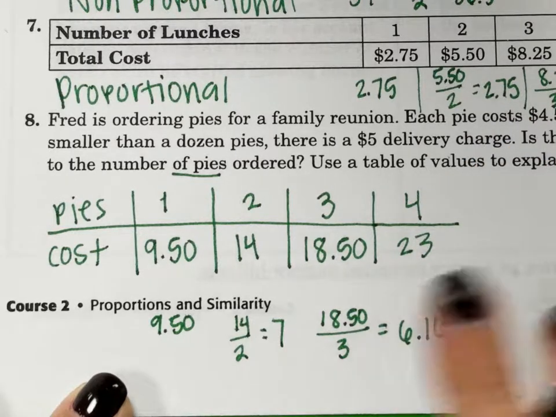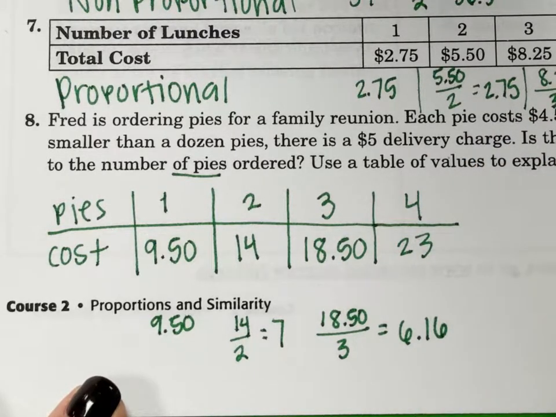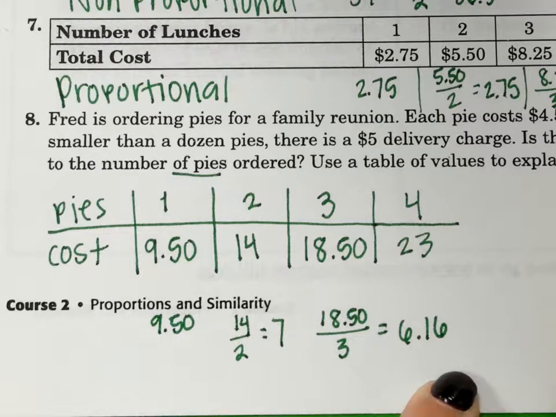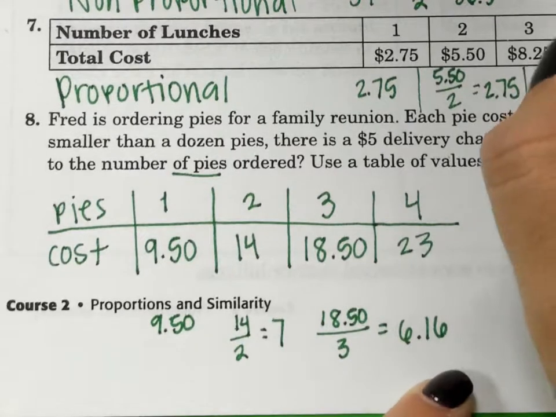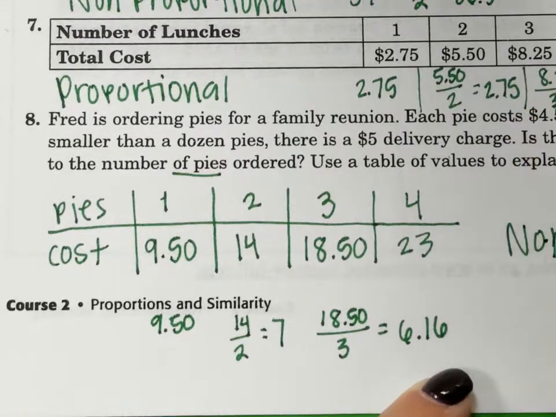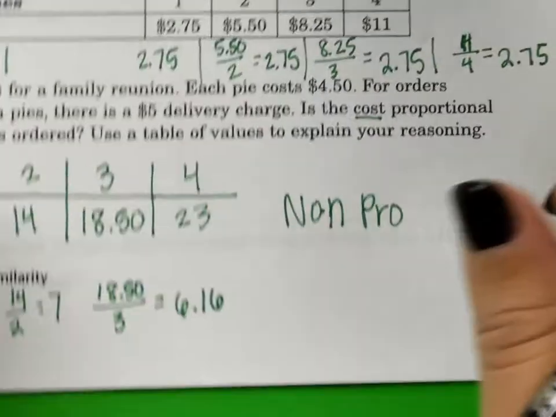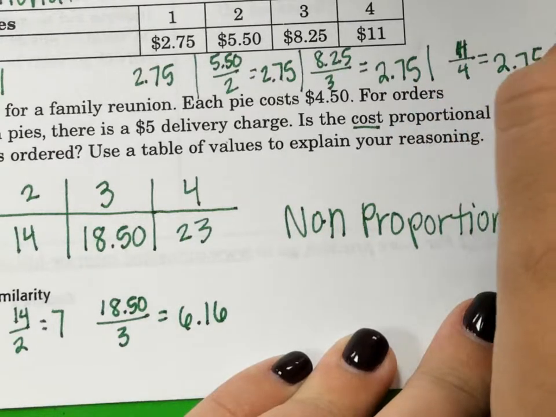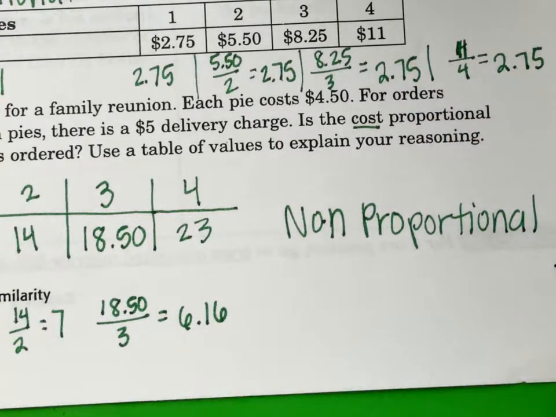Can I go ahead and tell if it's proportional or not? It's not proportional, right? Because my rates are all different. 9.50, 7, and 6.16. So this is non-proportional.